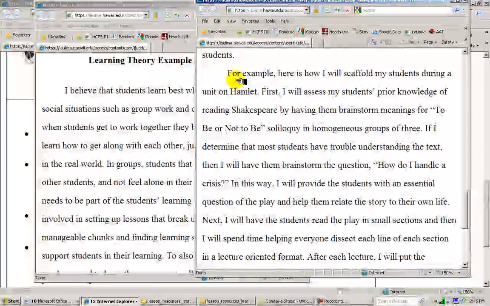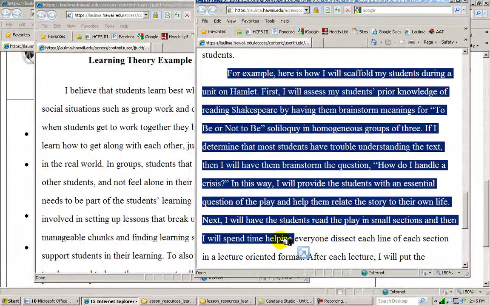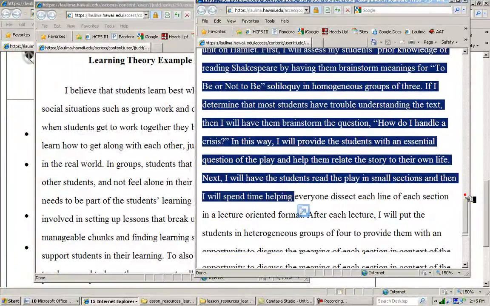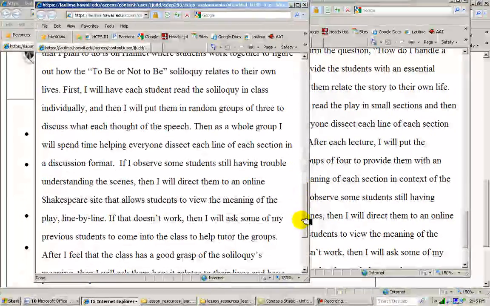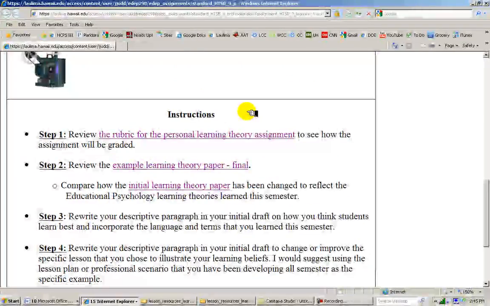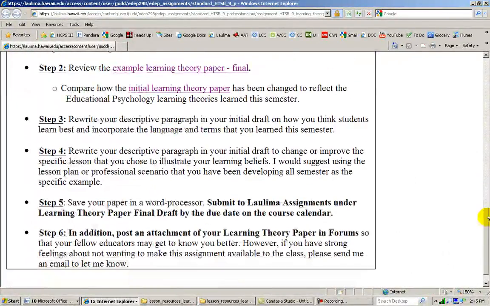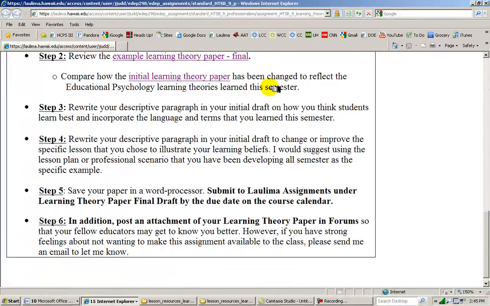Then it talks about a much more in-depth example to illustrate Vygotskian techniques in the classroom, versus a more rudimentary example at the beginning of the semester. So that's what I'm looking for: how does your answer improve and demonstrate what you've learned during this class.